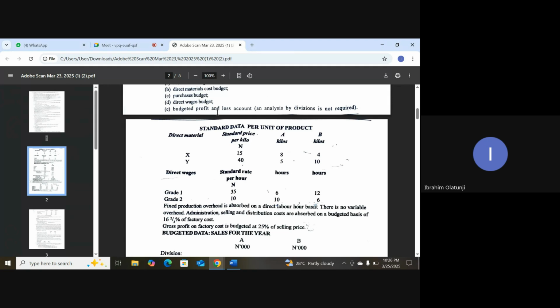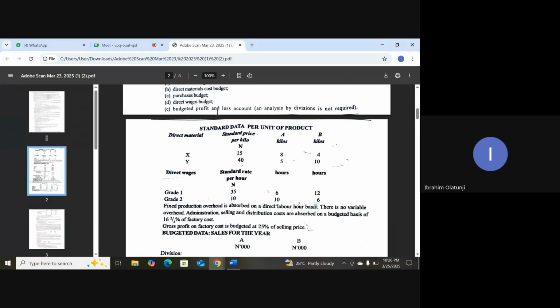Budgeted profit and loss account, and analysis by division is not required. What they are saying is that under this budgeted profit and loss, you don't need to separate them. You don't need to do the division wise.